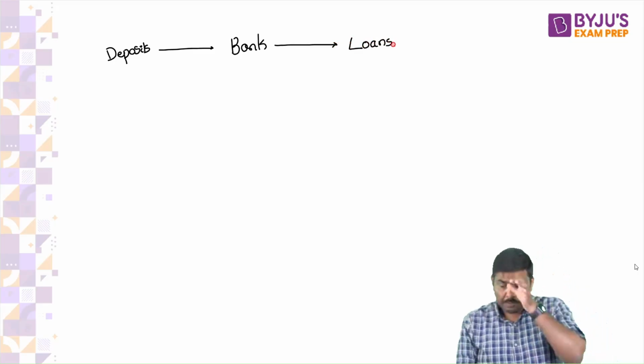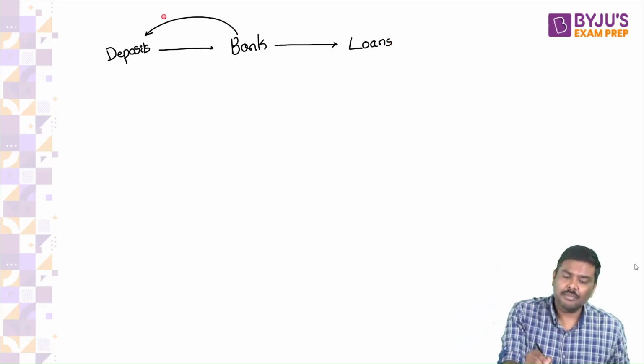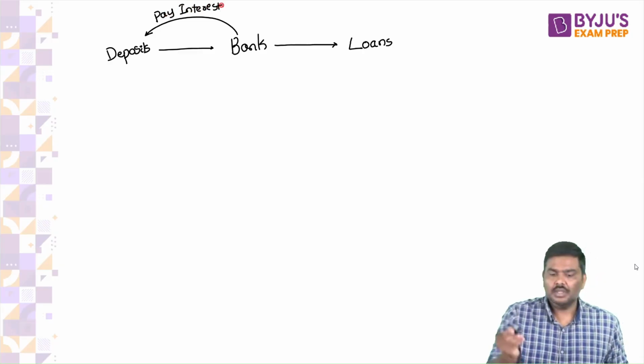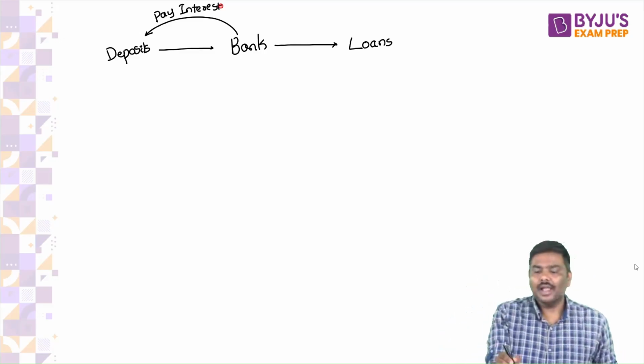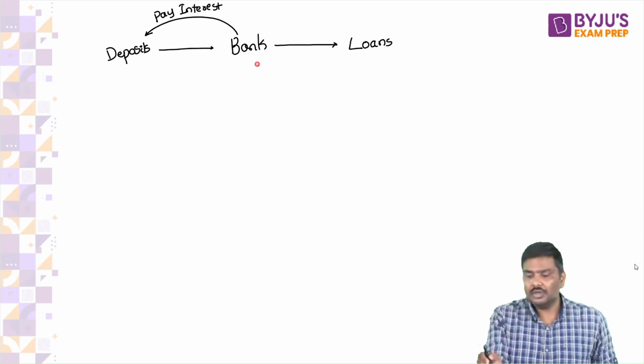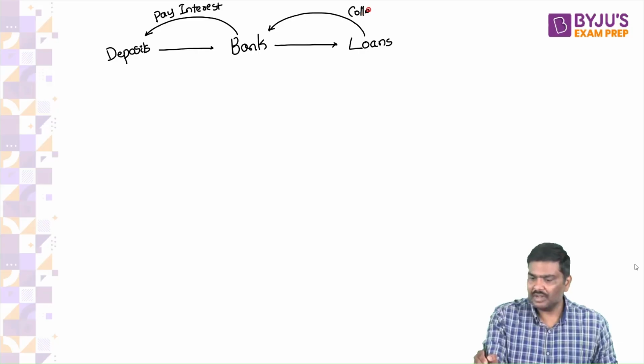Now, when the bank collects a deposit, can I say that the bank will pay interest here? Any problem? When the bank collects a deposit, the bank will pay interest. And when the bank gives a loan, the bank will collect interest.